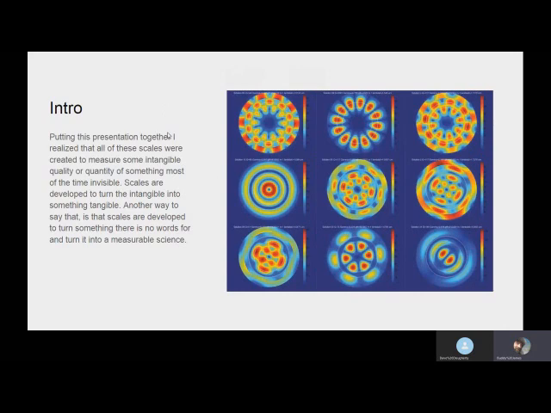Basically the idea here is the filaments themselves are a scale and a gradient, and we will be getting into that towards the end.